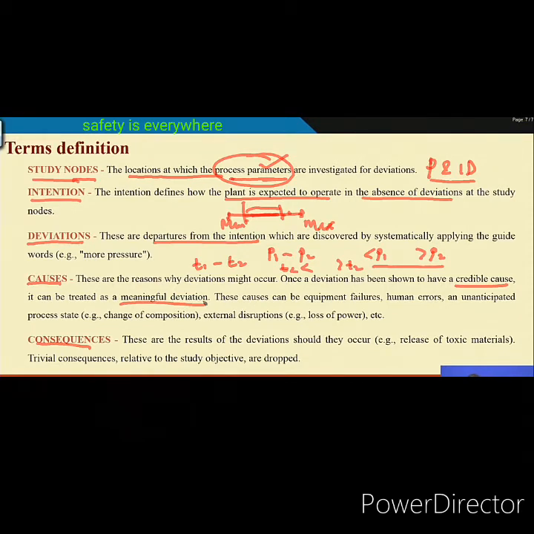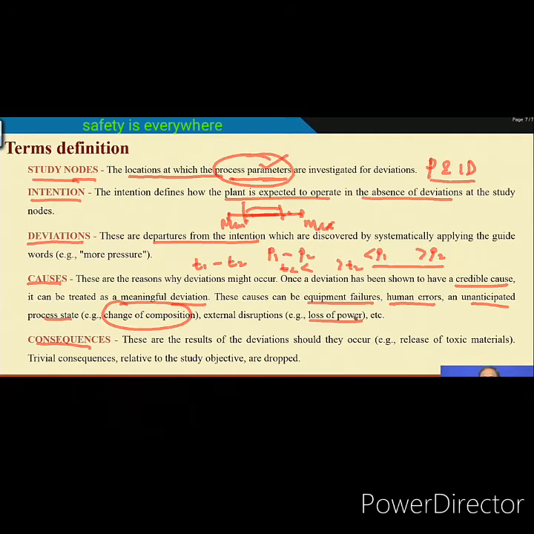There will be some deviations which are obvious and can be rectified immediately, but there will be many deviations which require intensive causal analysis, and then a lot of credible causes will be identified, and finally those deviations will be treated as meaningful deviations. These causes can be equipment failure, human error, an unanticipated process state like change of composition, and external disruptions also can be causes.